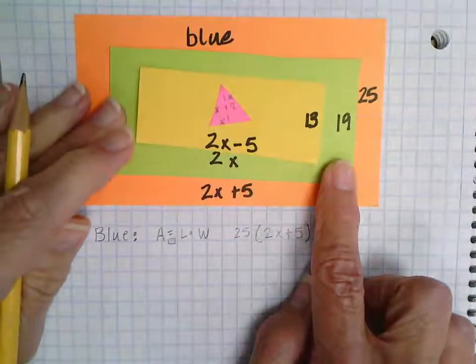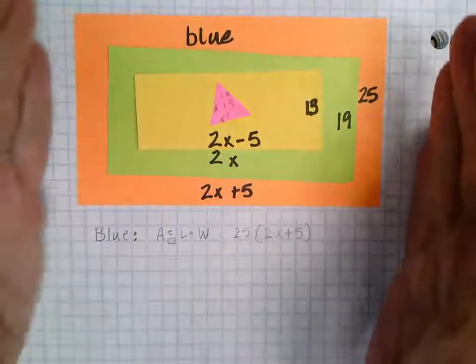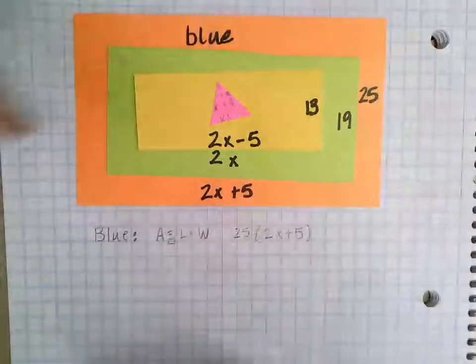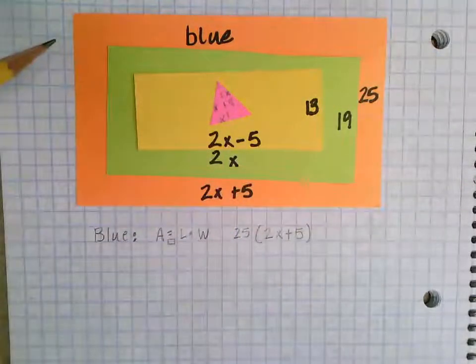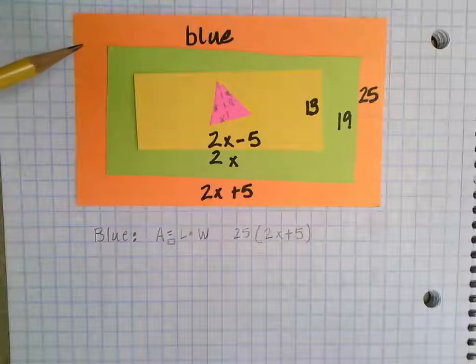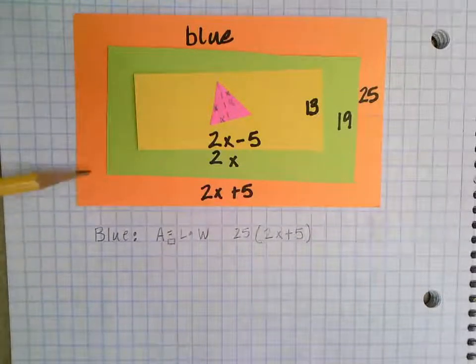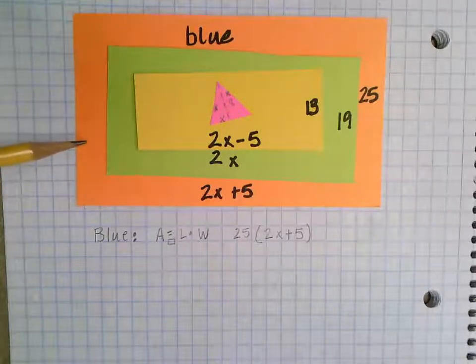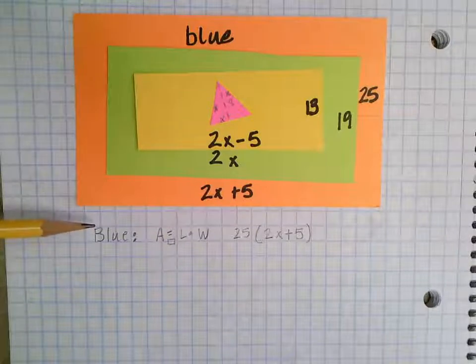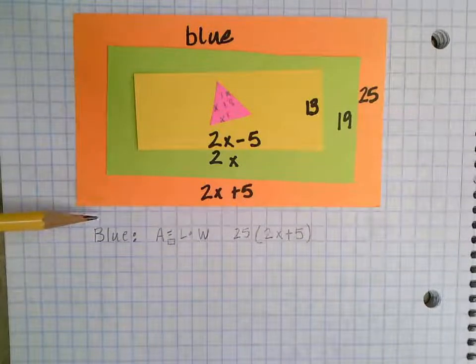But remember, that's going to include everything within the boundaries of this particular blue area of their flag. And they want us to just figure out what the area is for what is showing. So we want to keep that in mind and relate it to our pool problem as we go along.